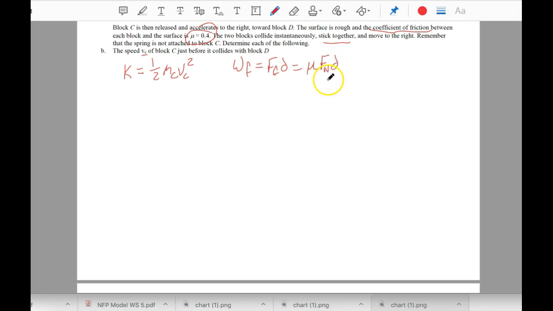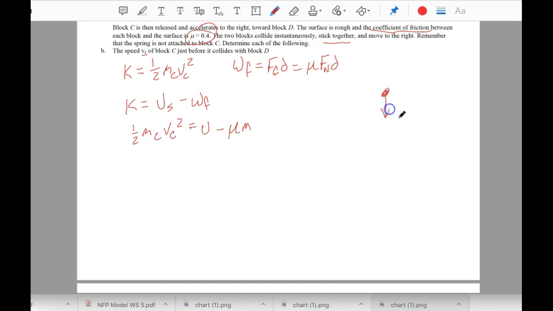So that's the normal force acting on the block, and then we're going to multiply that times the distance that it acts through. Our kinetic energy here is going to be equal to the potential energy of the spring minus the work done by the friction. So that's how we can account for friction here. We said earlier that kinetic energy is 1/2 of the mass of block C times the velocity of block C squared. That's equal to the potential energy minus mu times the normal force.